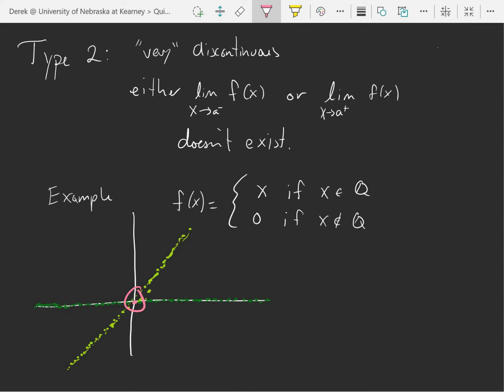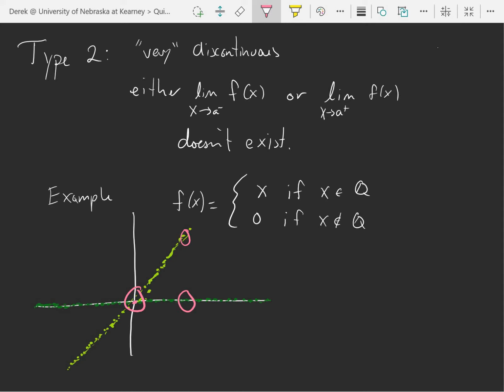Everything approaches 0 at 0. So from the left it's continuous at 0, and from the right it's continuous at 0. But everywhere else, if I draw a circle around, say, this point, it doesn't contain any of the light green spots. And if I draw a circle around the light green spots up here, it misses the dark green spots. The only place where I can contain both the light green and the dark green is right at 0, and that's the only place that I have continuity.